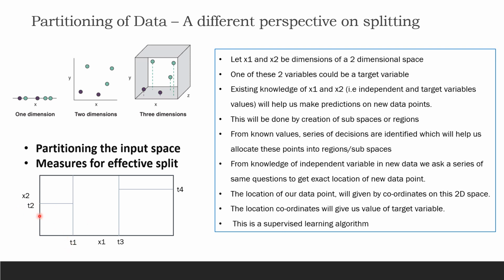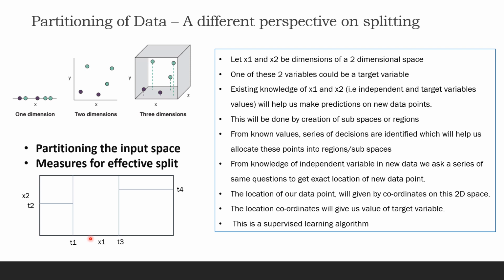So if y, z are the coordinates of that new data point, and we know y, we are trying to find out z by asking a series of questions: whether z is less than t1 or greater than t1, less than t3 or greater than t3, or whether it lies between t1 and t3.